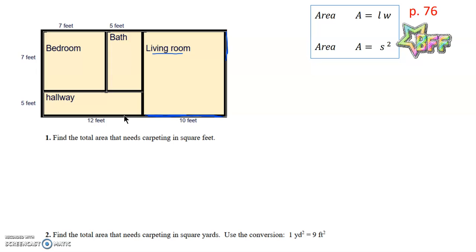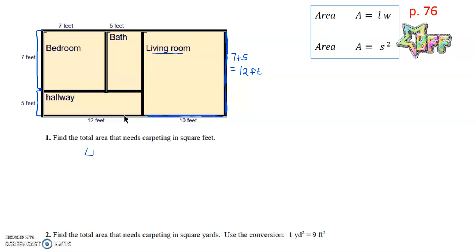And on the other side, we're going to have to do some calculating because we can see the bedroom is 7 feet and the hallway is 5 feet. So we're going to have to add those two together to get the full length. So that's going to be 12 feet on that side.